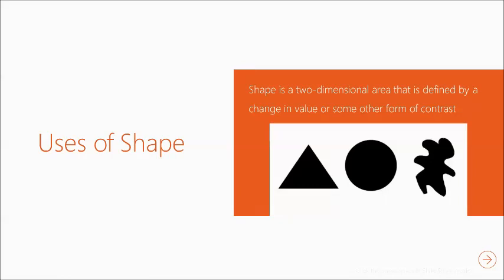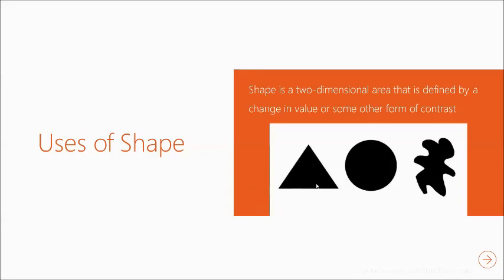So shape is a two-dimensional area that is defined by a value, change in value, or some other form of contrast. When you say it is two-dimensional, okay, it is a flat surface. You could only see here shape in black.